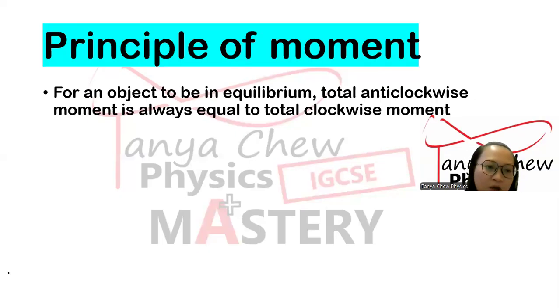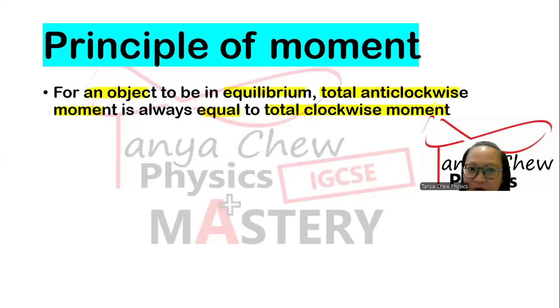So for an object to be in equilibrium, total anti-clockwise moment must always be equal to total clockwise moment. We use the principle of moment to form equations to solve problems related to moment.